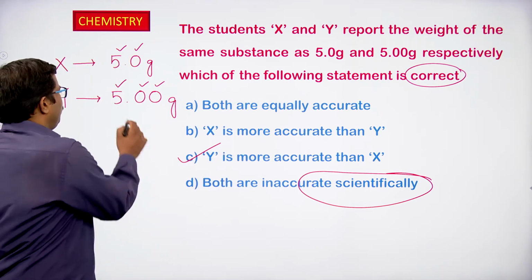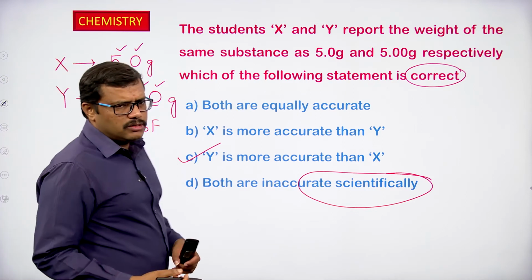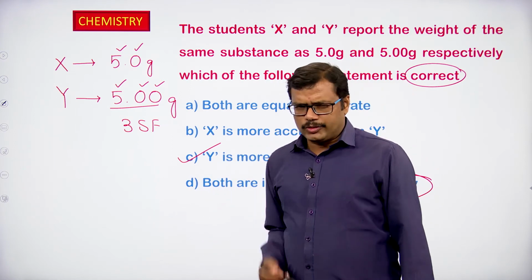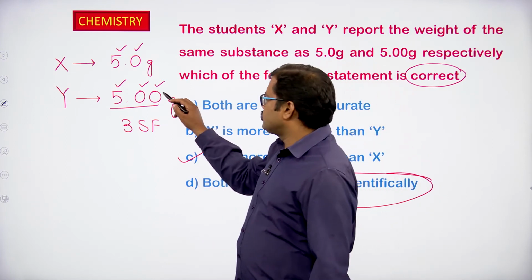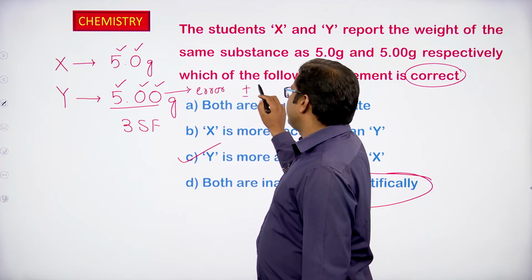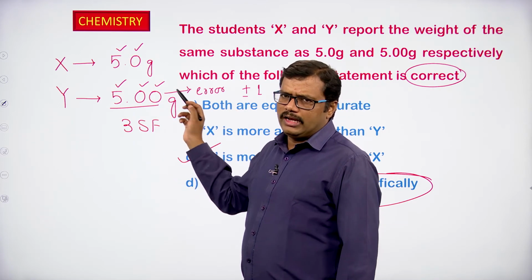because Y has given the value up to 3 significant figures, as we have discussed while dealing with the theory concept. Whenever an experimental value is given, the last digit will have some error. So, the error may be plus or minus 1, it can be 5.01 or it can be 4.99, okay.